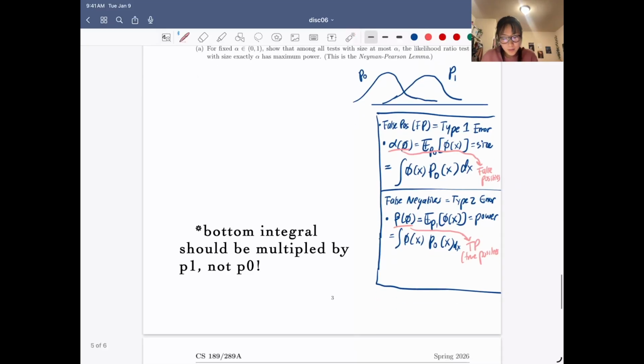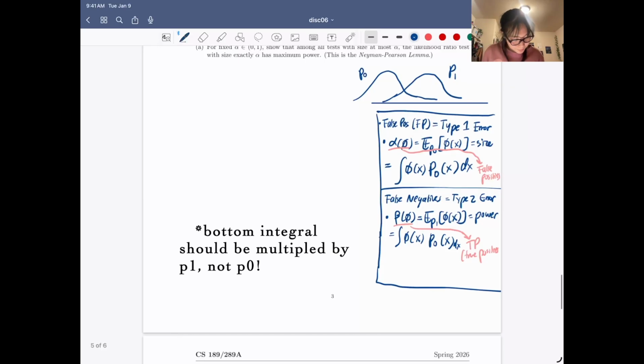Well, if you are thinking about true positives, let's say you're given an x. If something is a true positive, what's the only other option it can be? If it chooses positive, it's a true positive. If it chooses negative, it must be a false negative. And so a type 2 error or a false negative is actually represented by 1 minus the power.